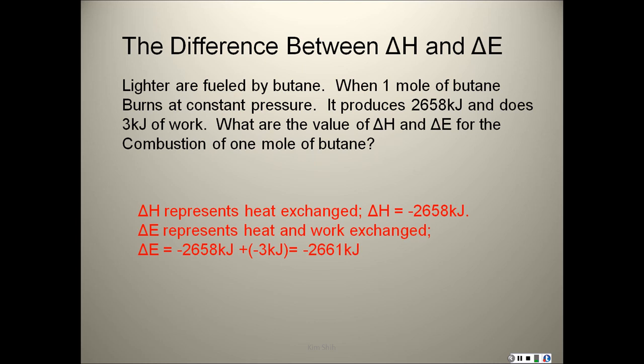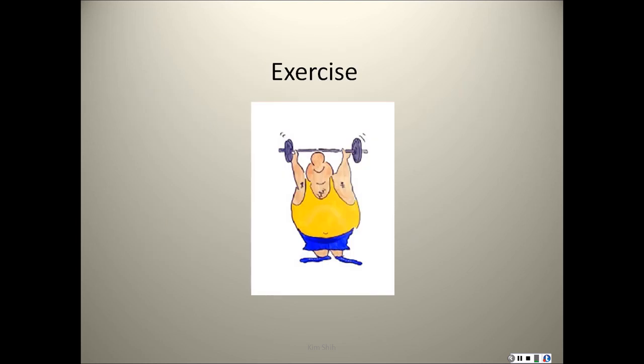That's where we're getting the negative 2,658 kilojoules. And when work is done by the system, it says it does 3 kilojoules of work, so the system is doing the work and we have a negative W also. So you'll note the difference between delta H and delta E is only 3 kilojoules. Again, very similar in numerical value, but different because they take into consideration different things.